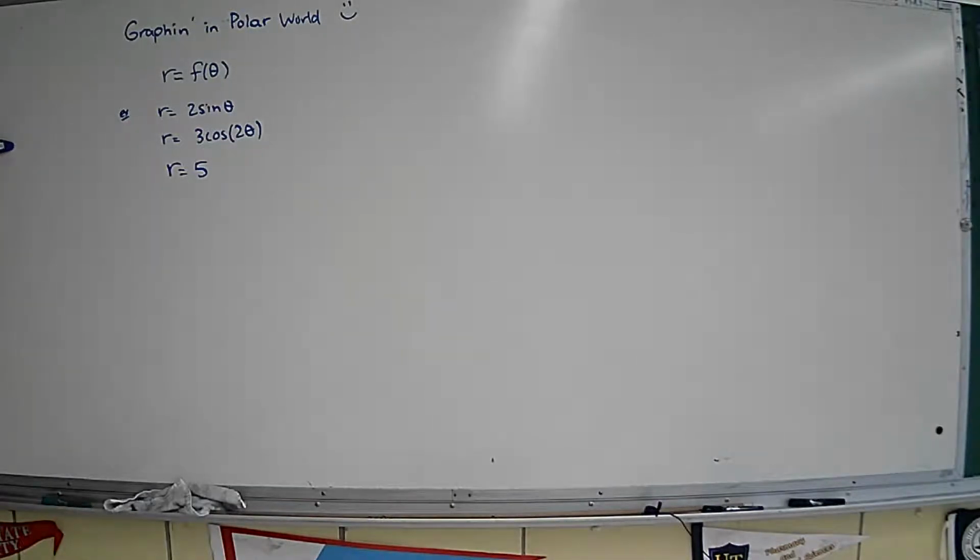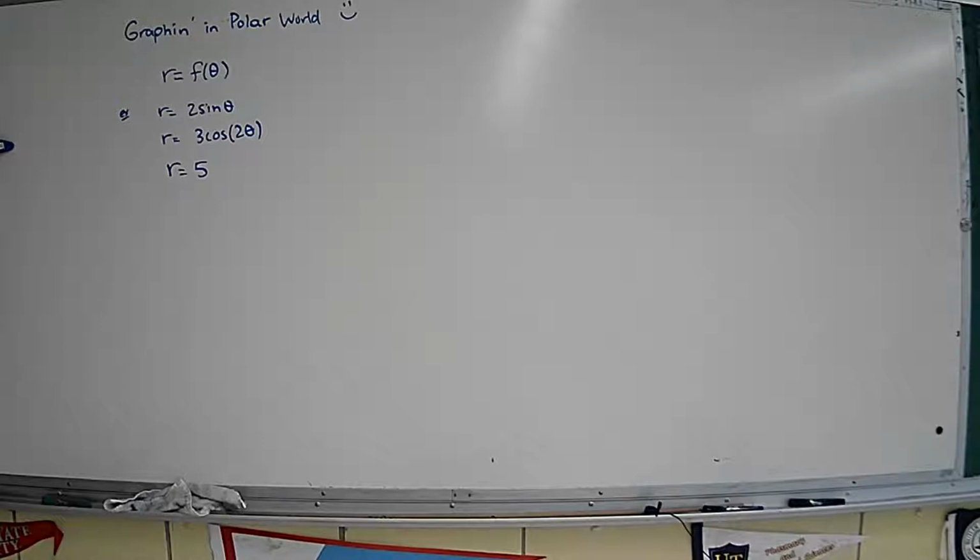It's like a linear equation in polar coordinates, but this doesn't graph what we think of as a line. What does it mean if r equals 5? Well, let's think about that for a second. What does r represent? You're thinking radius, okay, and I'm okay with that.